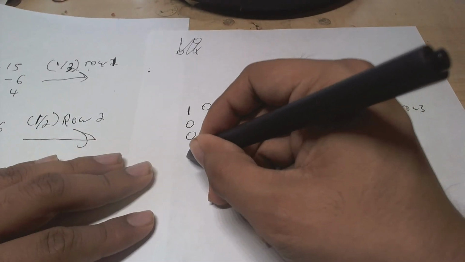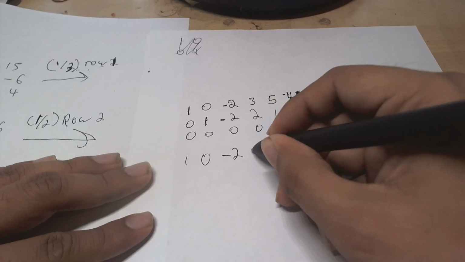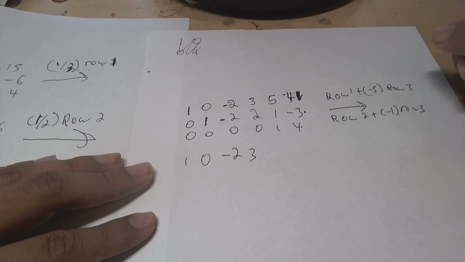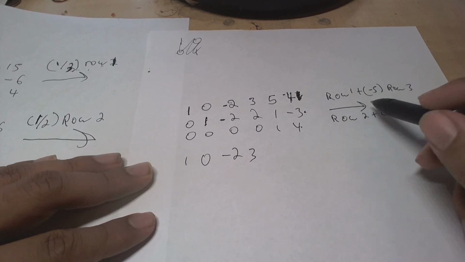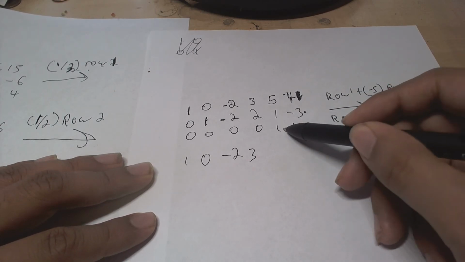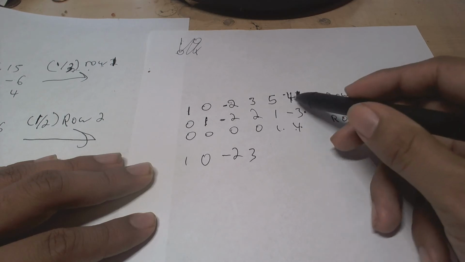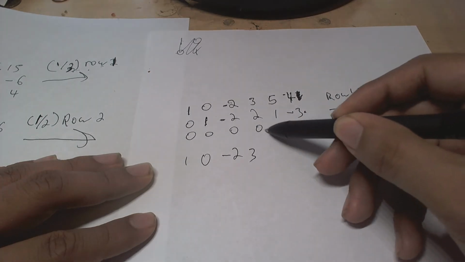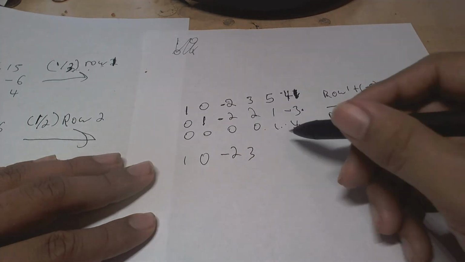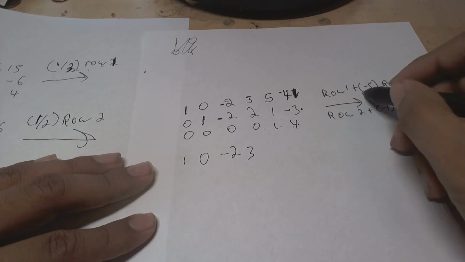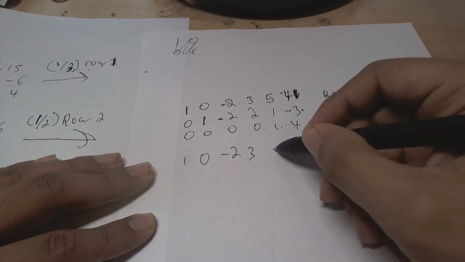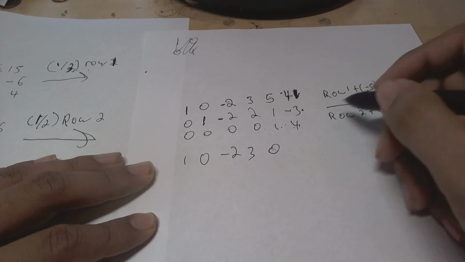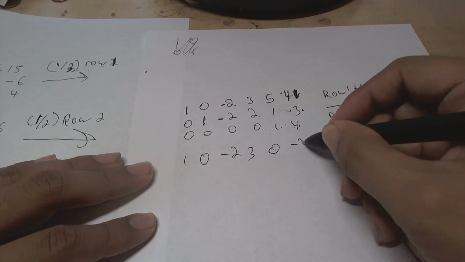So we know that 1, 0, negative 2, 3 are going to be the same, because if we're using row 3 to do something to row 1 and row 2, then all of these zeros are not going to do anything to any of these entries. Here I use negative 5, that's going to zero this out. Negative 5 plus 5 equals 0. Then 4 times negative 5 equals negative 20, negative 24.